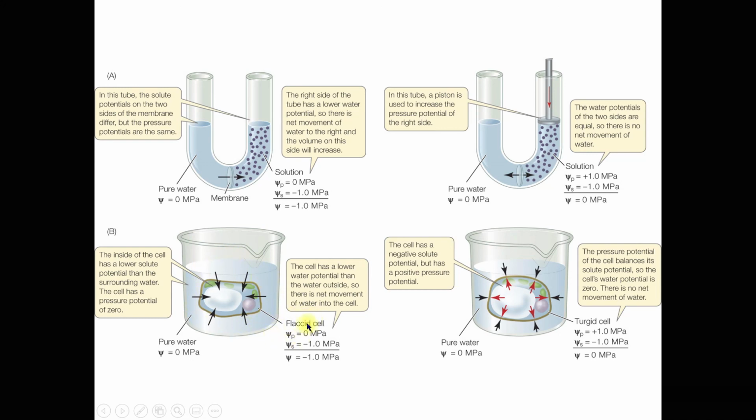So, given the flaccid cell, the pressure potential is 0 and the solute potential is negative 1. So, when we calculate the water potential, we will get 0 plus negative 1, which is negative 1 megapascal. So the pure water has 0 megapascal water potential, while the water potential in this flaccid cell is negative 1.